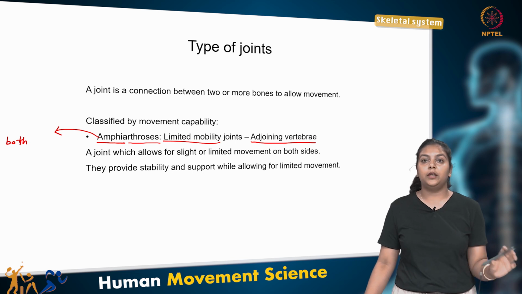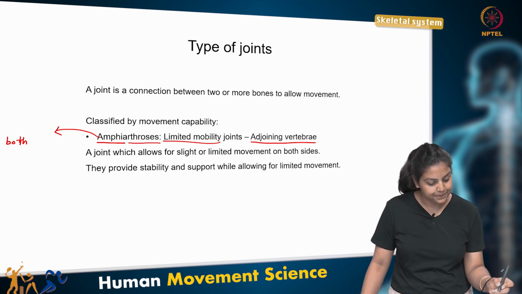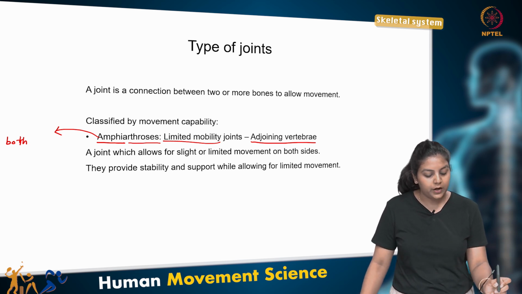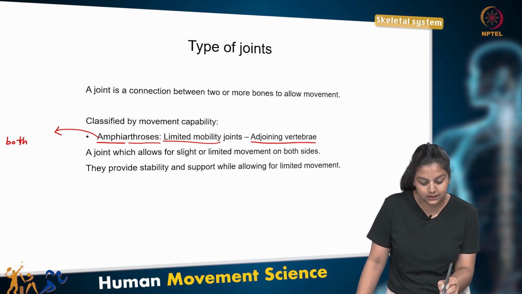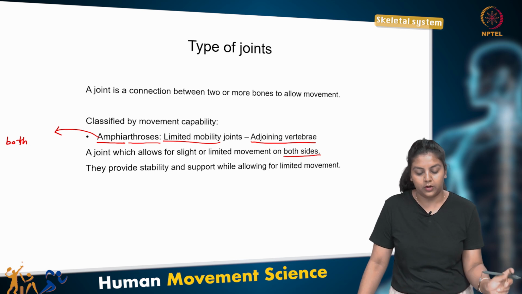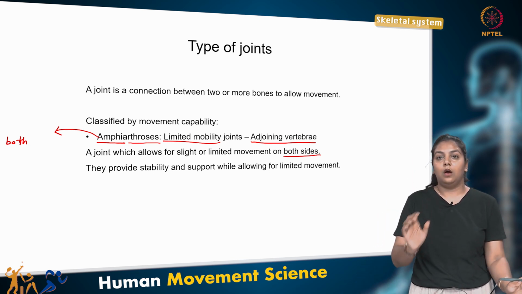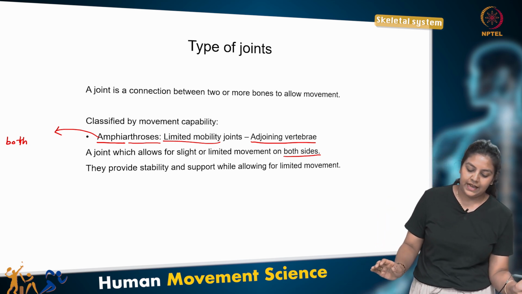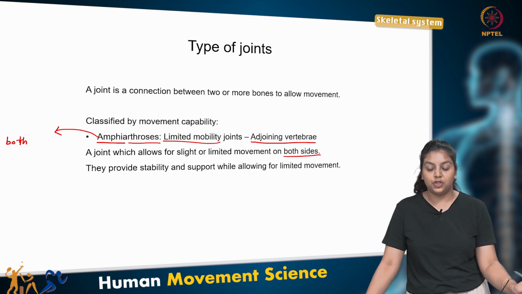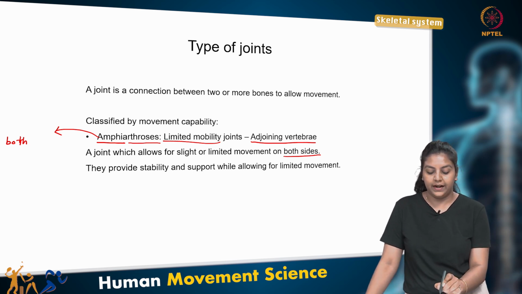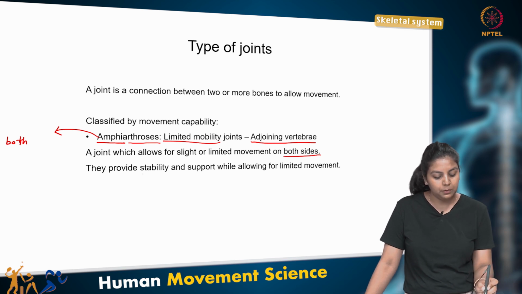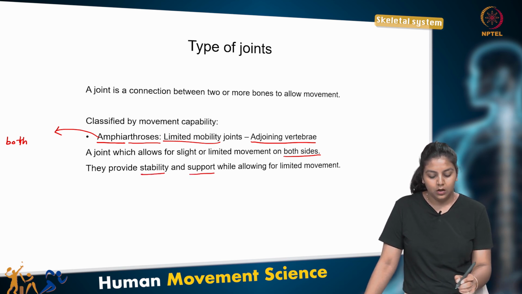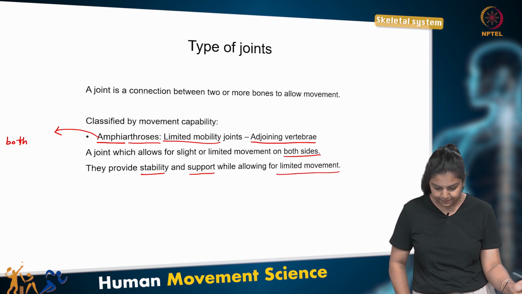So they have limited mobility within them, right? So joint which allows for a slight or limited movement on both sides. So imagine yourself side bending or doing a side flexion. So you have these adjoining vertebrae that are providing this movement on both sides. So they provide stability and support while allowing for limited movement, as we looked at.